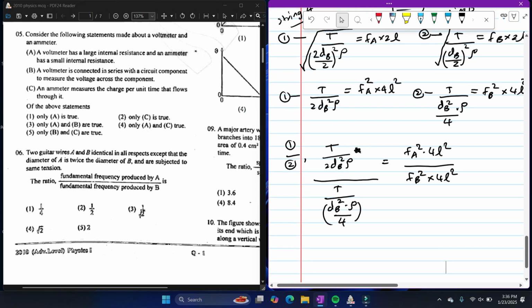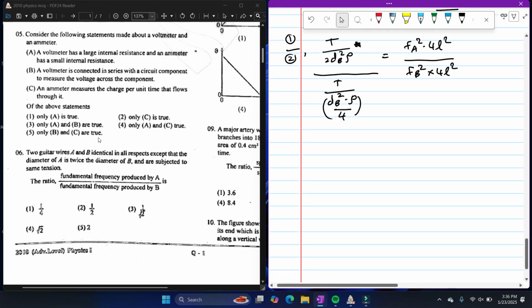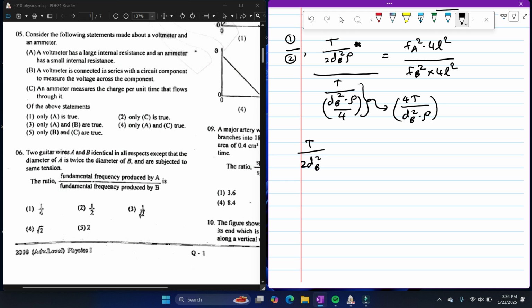And then we can say this T to T, we can write this part like this, okay? 4T divided by dB squared into rho. Then I'll write the same thing here, T over 2 dB squared rho.